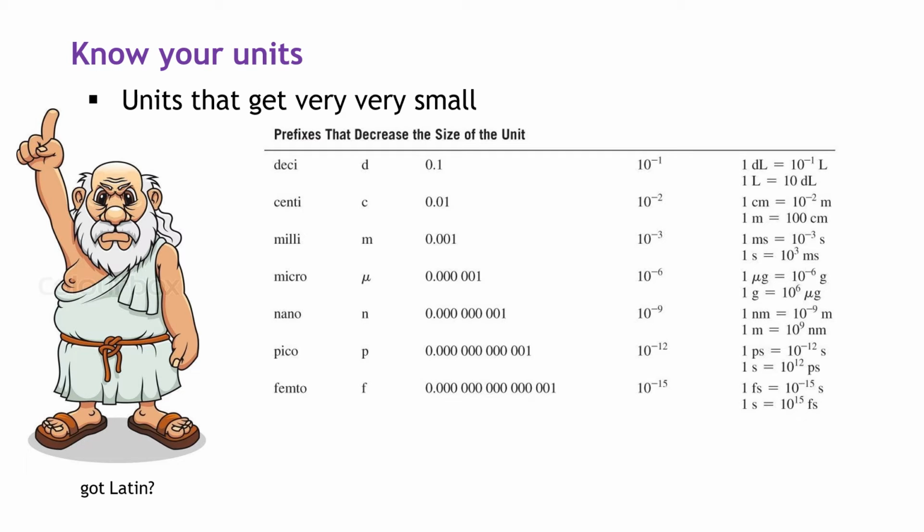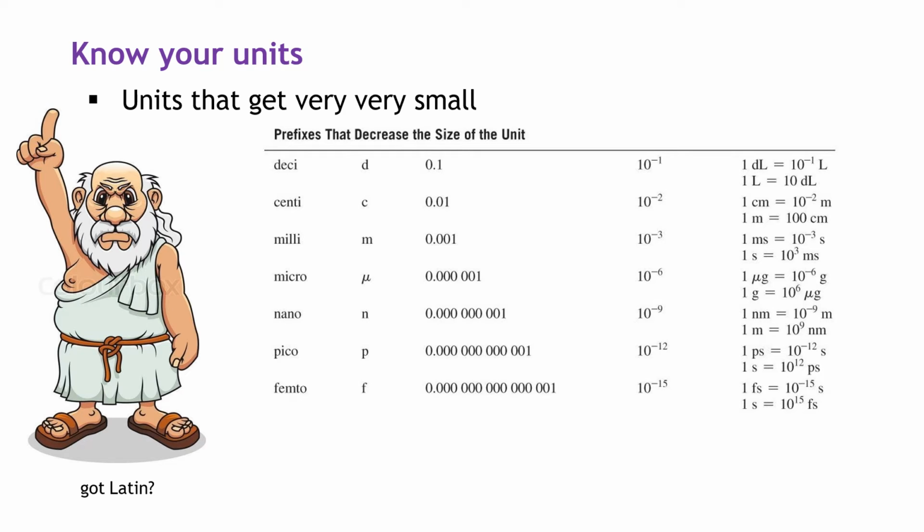If we say it's a deciliter, that means by definition it's 1/10 of a liter. That can be expressed in different ways. 1/10 is also equal to 0.1 or 10 to the negative 1. So as you see here on the right, we can say that 1 deciliter is equal to 10 to the negative 1 liters. Now, centi will break up our unit into even smaller pieces.